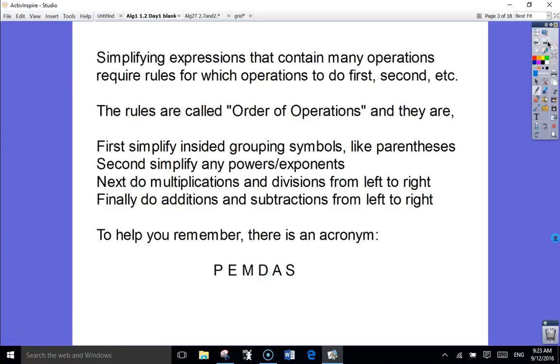And to help us remember this, how many of you are familiar with this acronym? Probably everybody, PEMDAS. That's what we use to help us remember to do these things in this order. Acronyms can be a useful way to memorize a lot of stuff. If you don't know, some way to keep it handy, make yourself an acronym that means something to you.